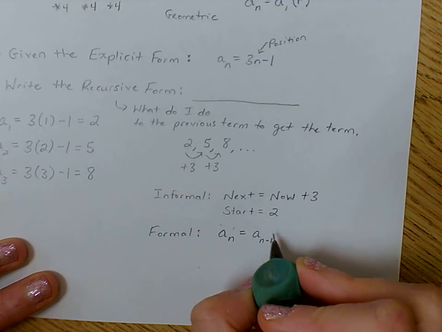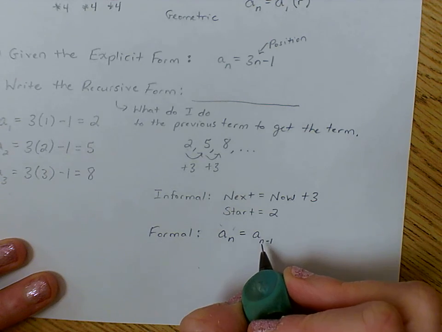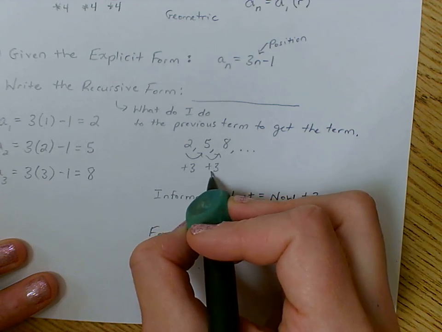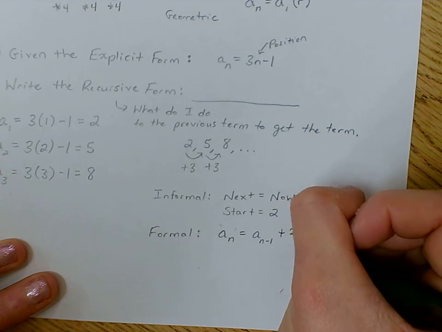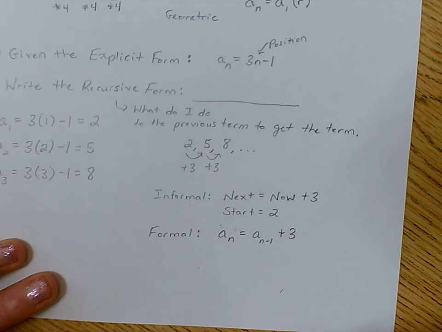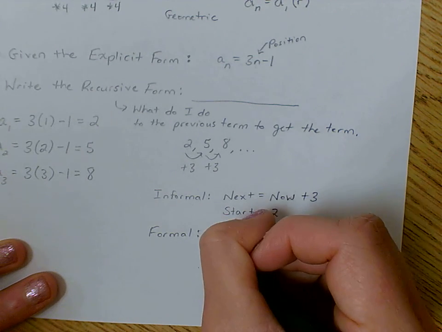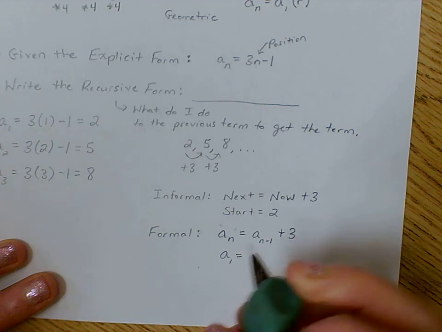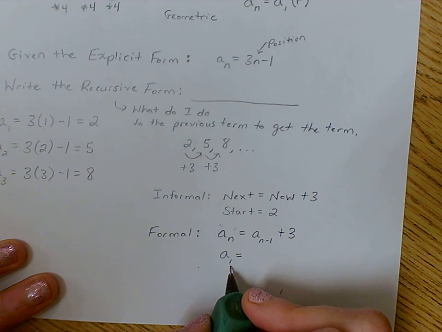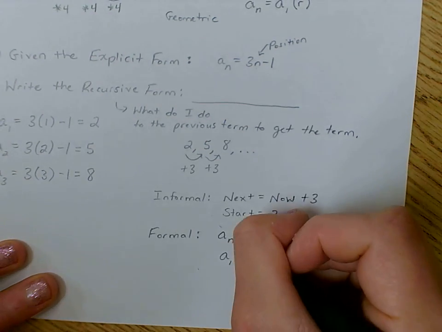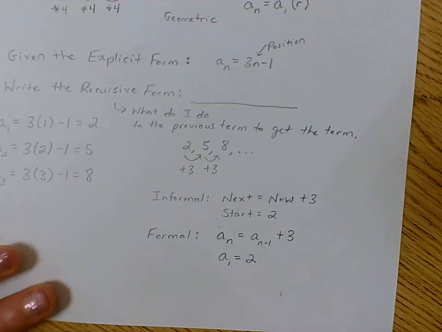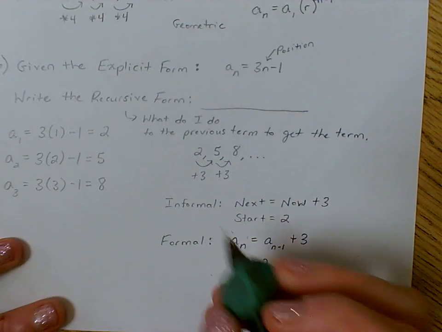So you take the previous term, and well, what are you doing? We are adding 3. So you take the previous term and add 3 to get to the next term, okay? And then remember, you also have to tell a term in your sequence. So we usually tell the first term, which would be 2. So that would be the recursive form of that sequence.